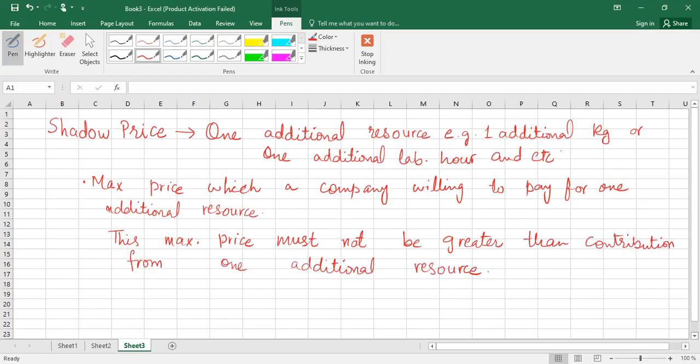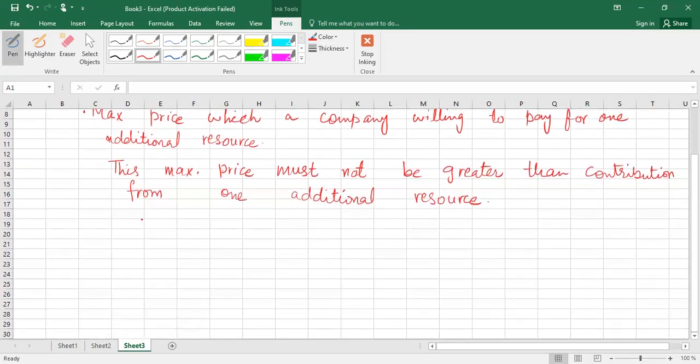Now, in this question, we assume that, for example, we have one additional square feet of fabric.